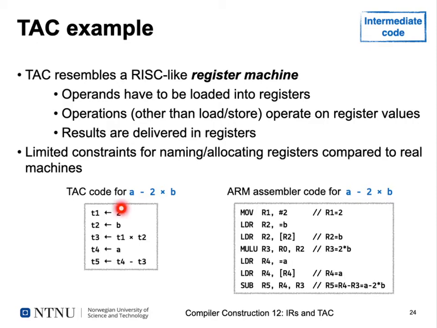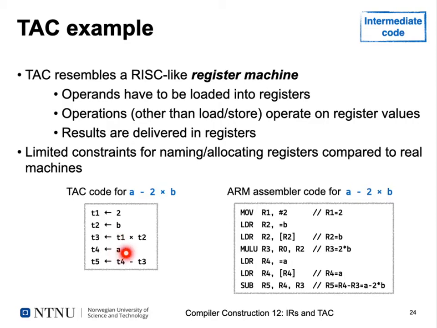So 2 is just a constant, b is a variable that might be somewhere in memory. We've loaded them into these 2 temporary registers, we multiply, and we know we need to store the result of our multiplication in yet another register, which is T3 here, so we can just increment the index of our temporary register variable every time we need a new one.